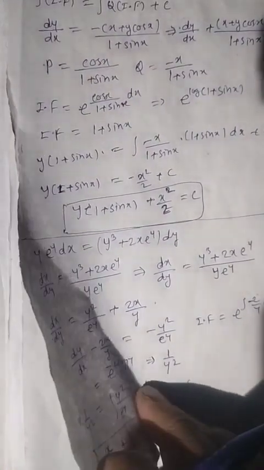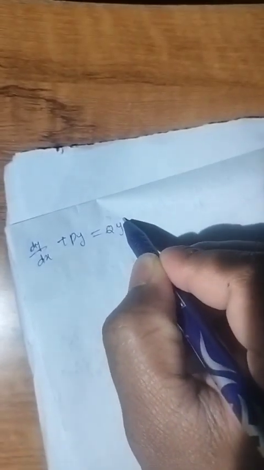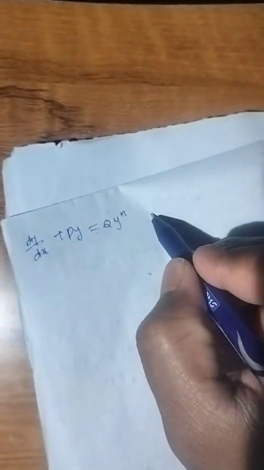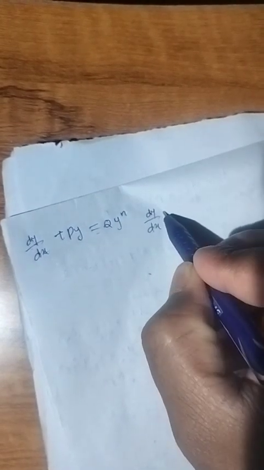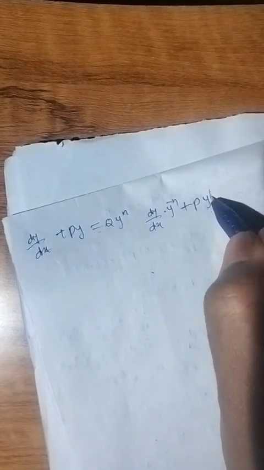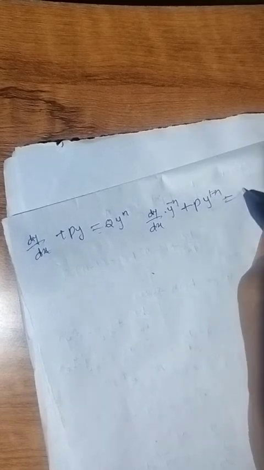Now let us look at another differential equation, the Bernoulli's equation: dy by dx plus py equal to q into y raised to n. So multiply y to the power minus n on both sides of this equation, we get y to the power minus n dy by dx plus p y to the power 1 minus n is equal to q.